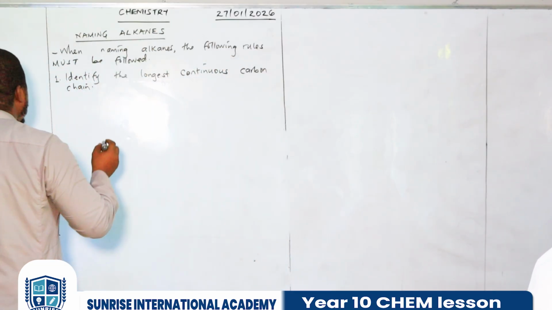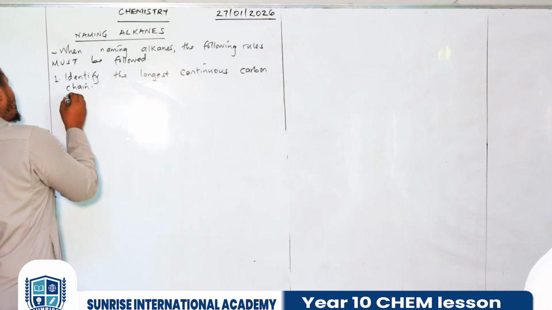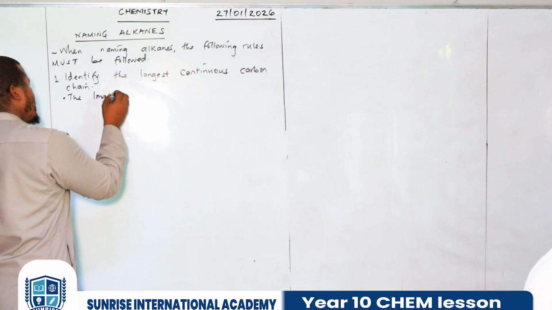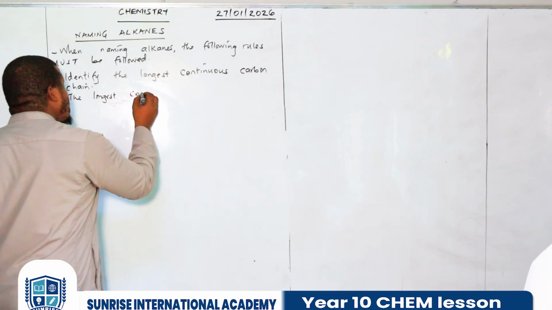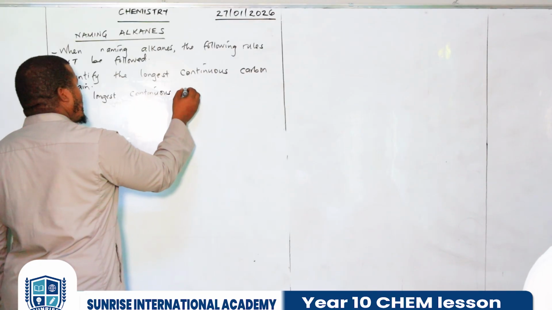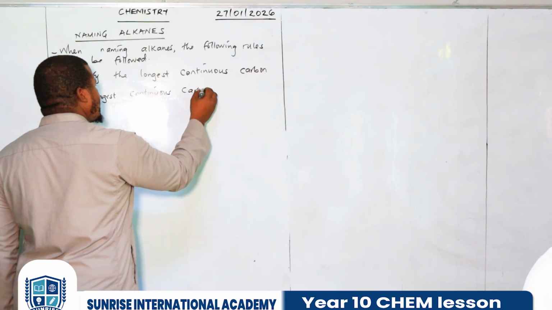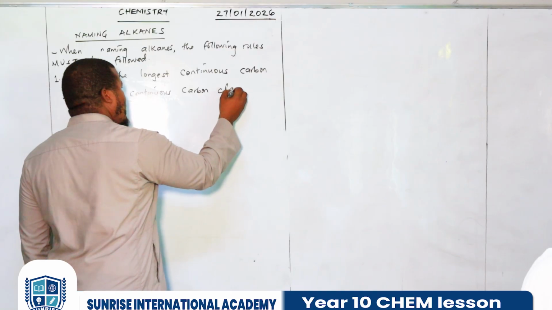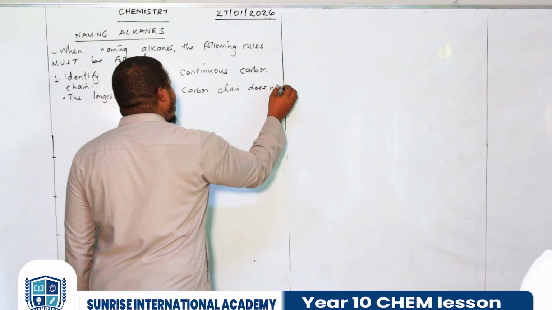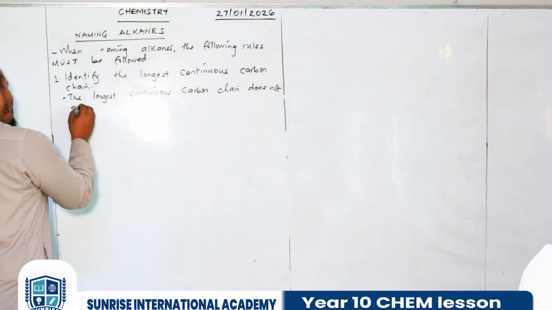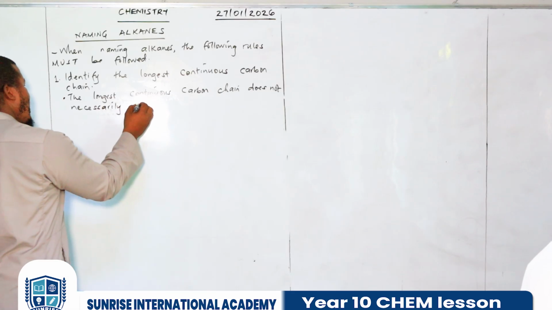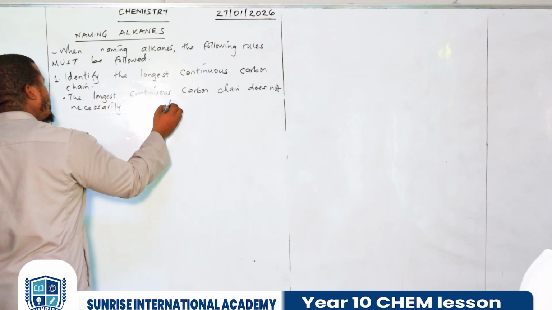So that point is very important here, that the longest continuous carbon chain does not necessarily have to be straight.